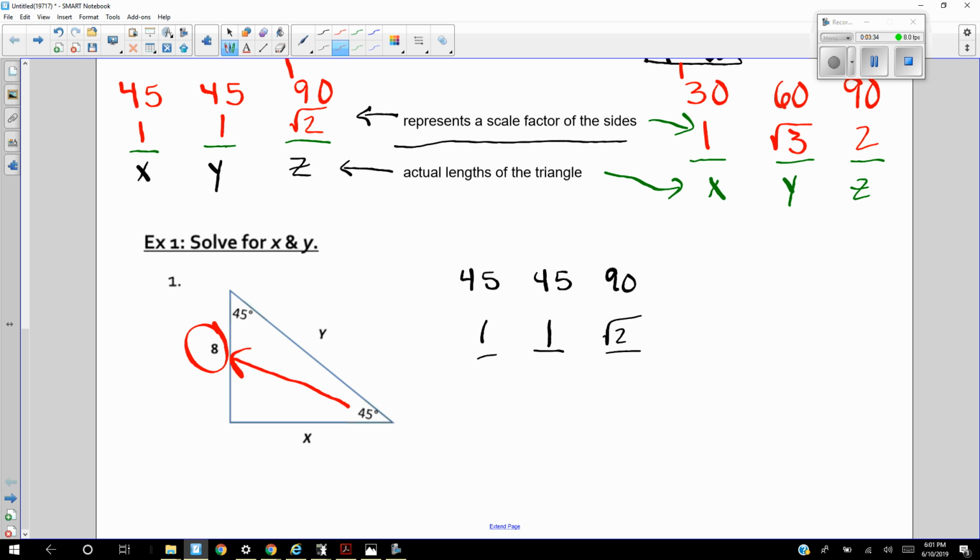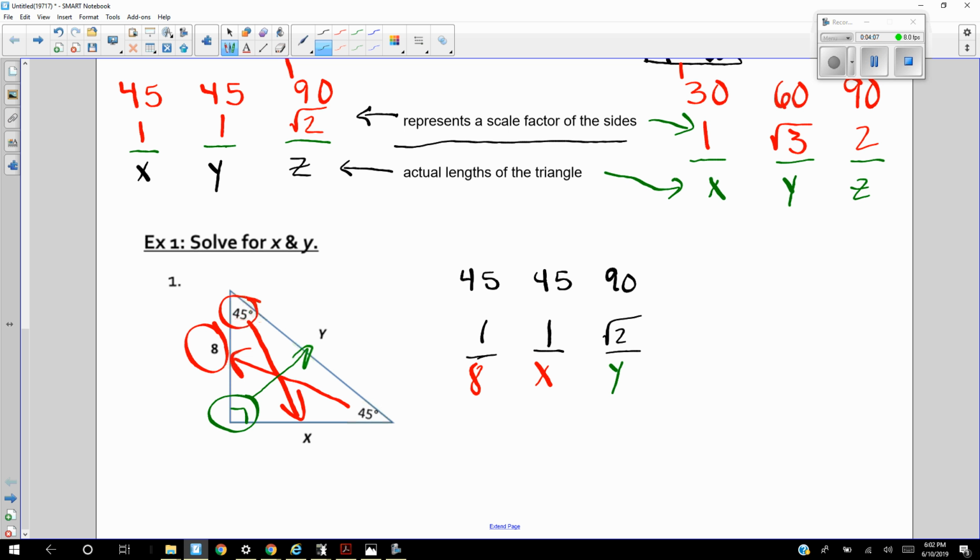It's opposite the 45 degree angle though, which means 8 is going to go underneath one of those 1s for our first ratio. This other 45 degree angle opposite it is the x value, so x is going to go underneath the second one. And then all that's left, this should be labeled a 90 degree angle. Opposite the 90 degree angle is our y.